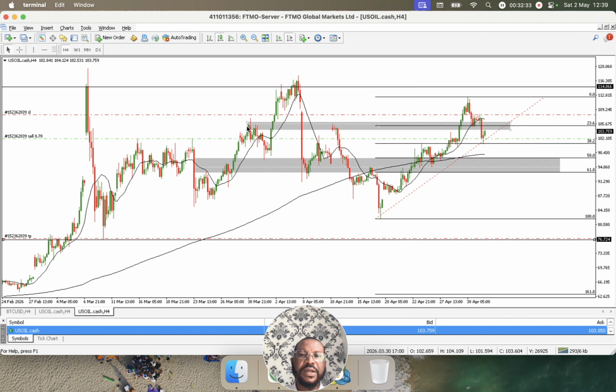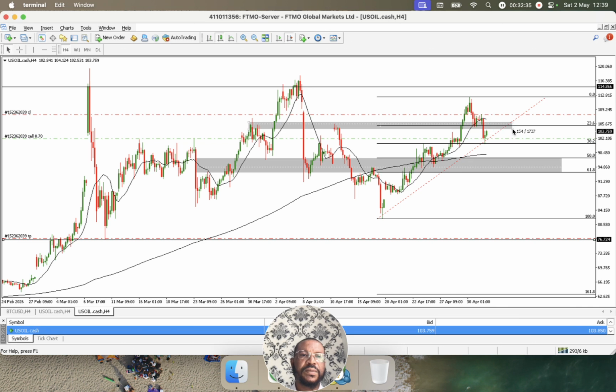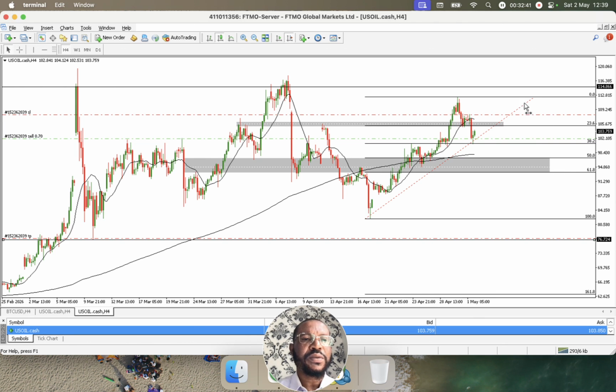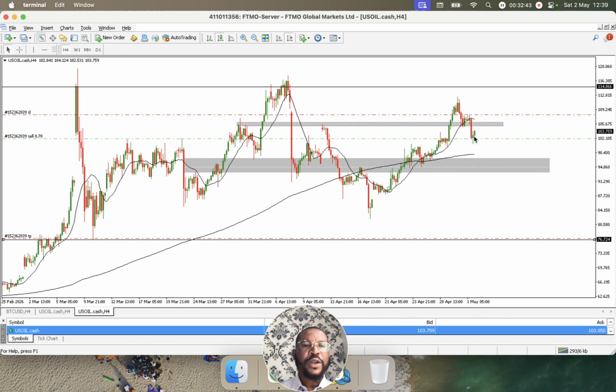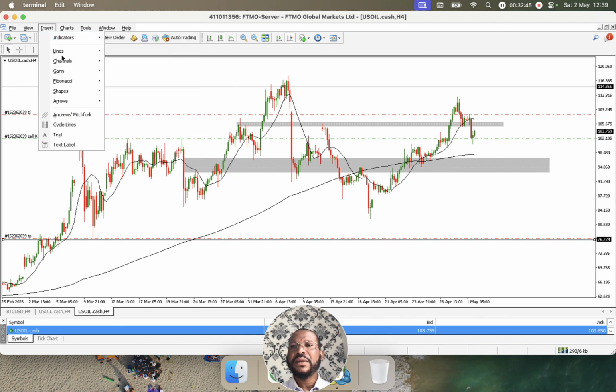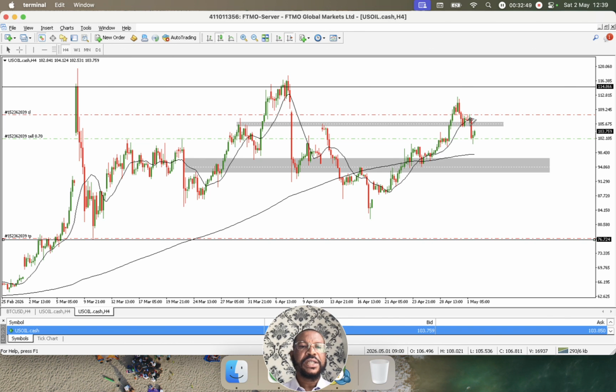Let's just make this clear. Okay, cool. So in the coming days, if the oil gets to this support area and fails to close below, and at this area the buyers come in, I will exit.